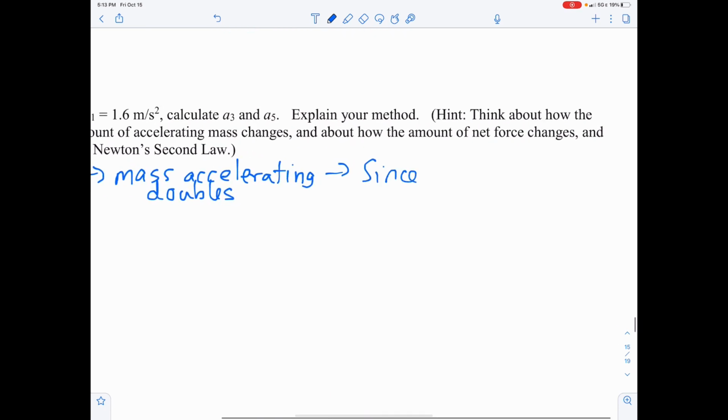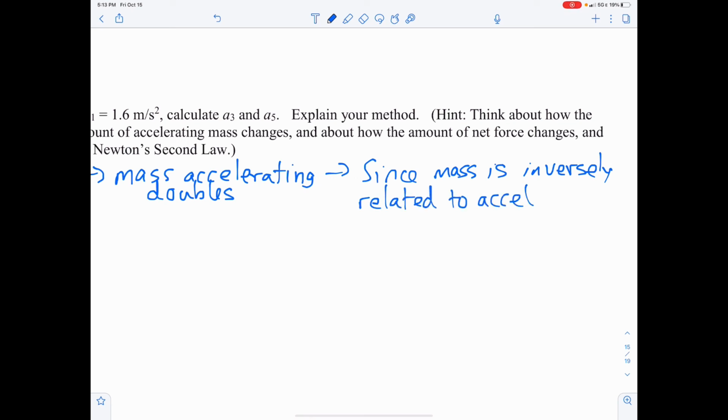Since mass is inversely related to acceleration, the acceleration A3 is going to be half of A1.